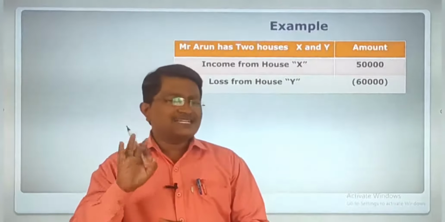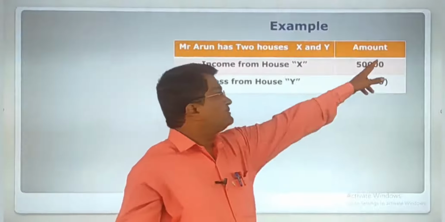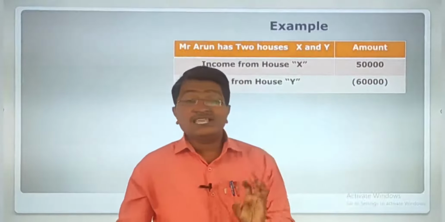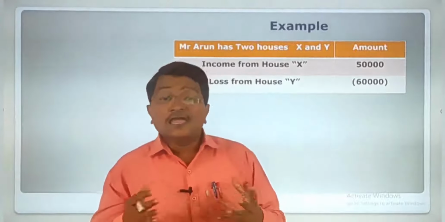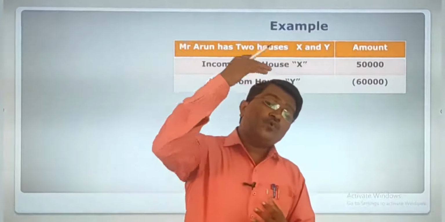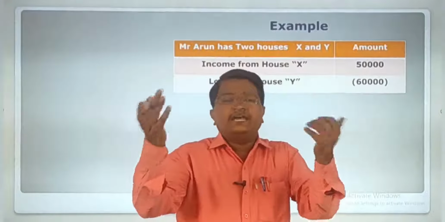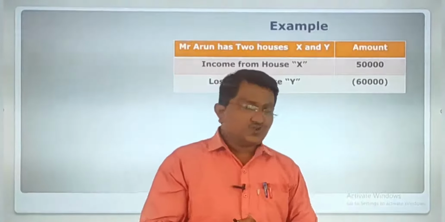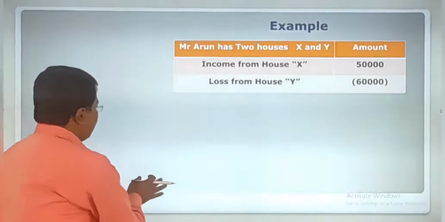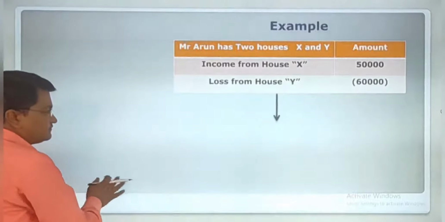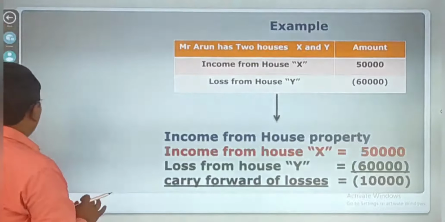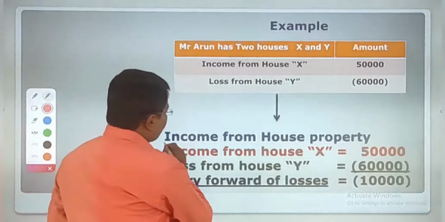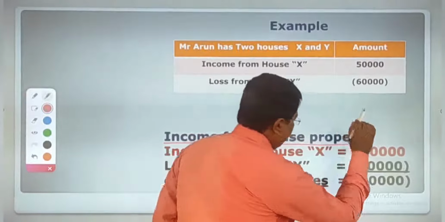So we can set off this loss up to rupees 50,000. So still 10,000 remains here in this current year, and it is not possible to set off with other head also, right? So now in this case what happened? See here, in this case now income from house property.